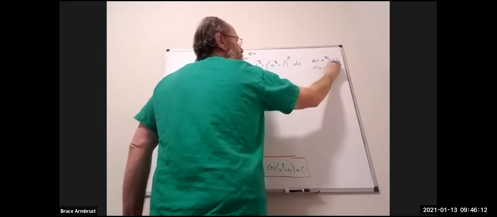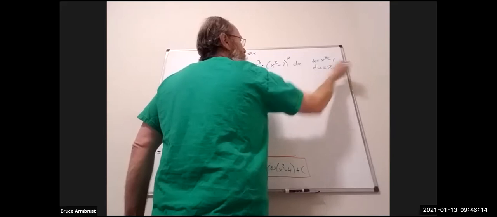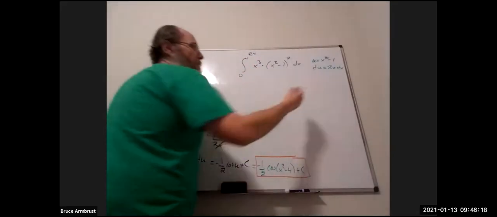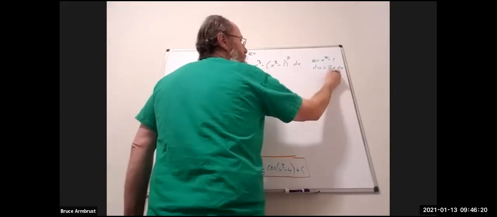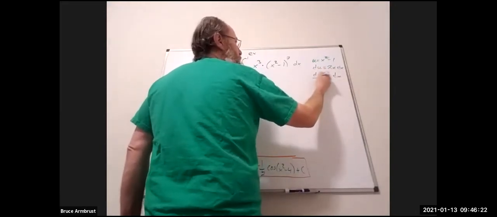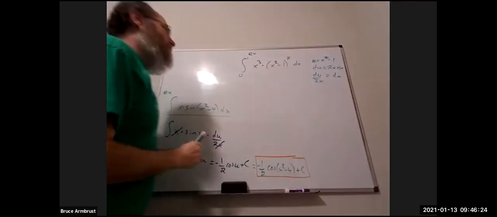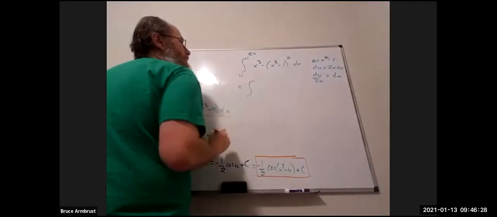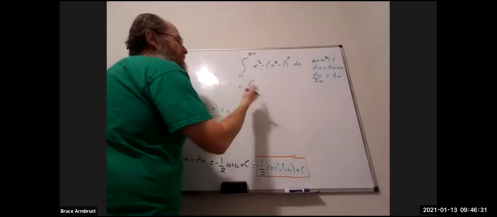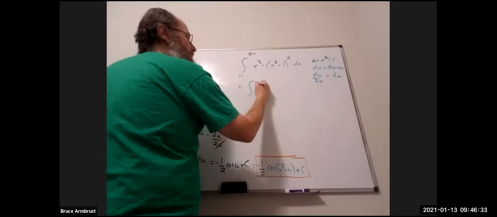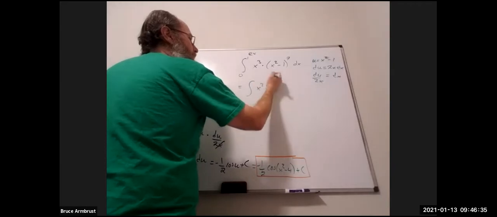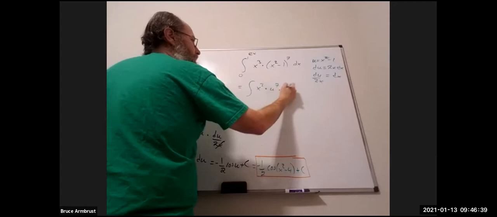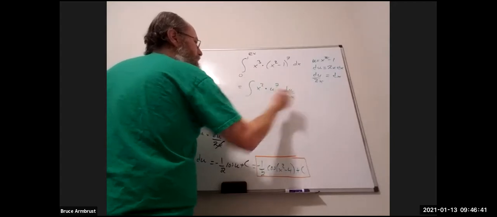So then du is going to equal 2x dx. So dx is equal to du over 2x. So let's plug all that stuff in and see what happens. We've got x cubed times u to the 7th times du over 2x.